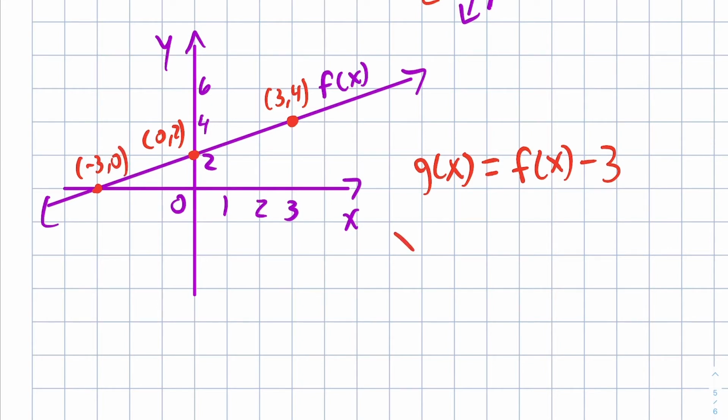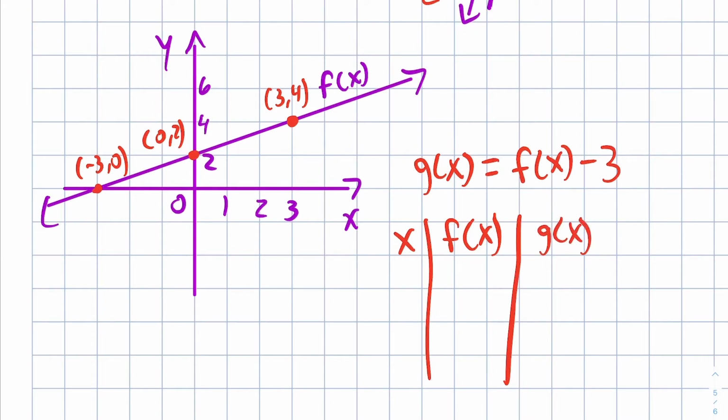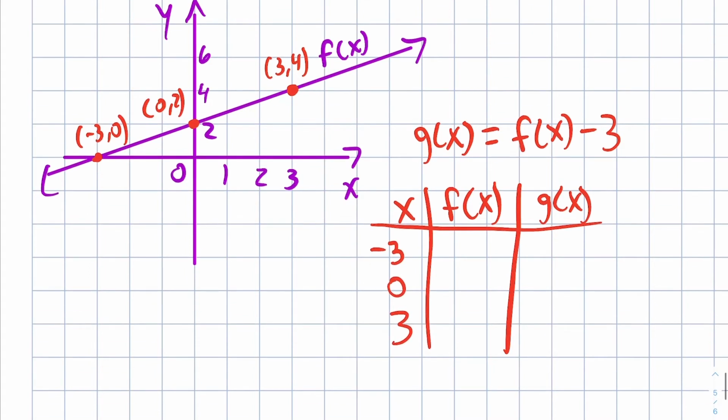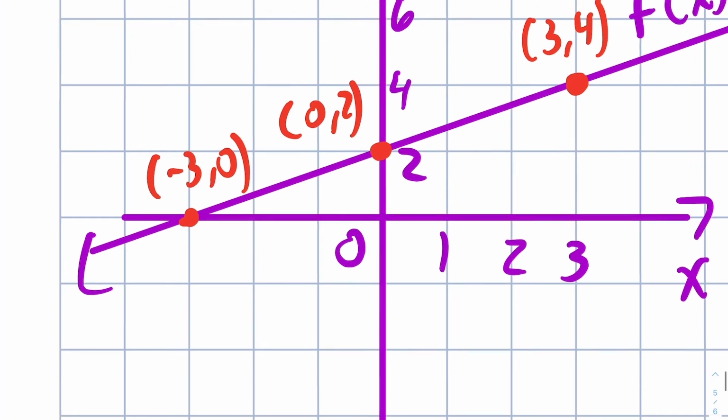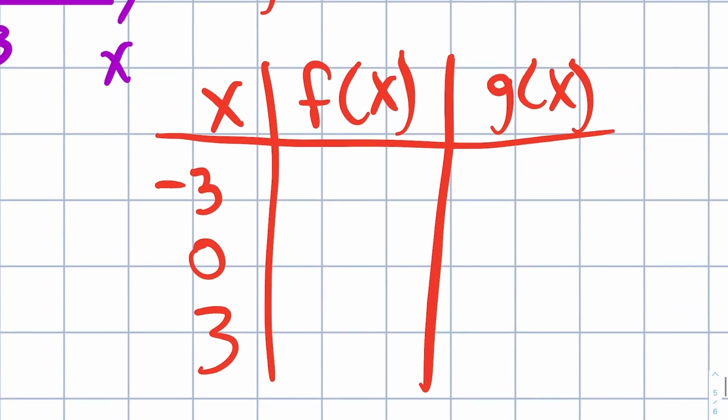Let's put that in a table: x, f of x, g of x. Our numbers are negative 3 for x, 0, and 3. When we put those numbers for x, what was our output on f? Our output for f was 0, 2, and 4.